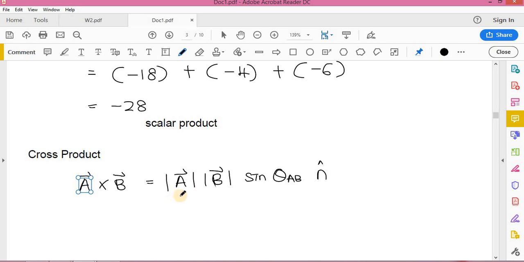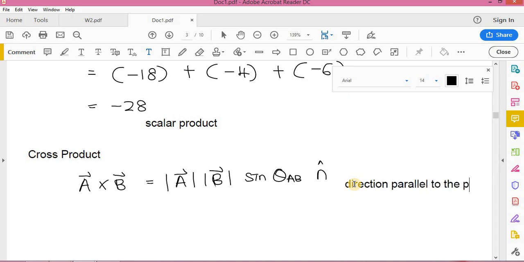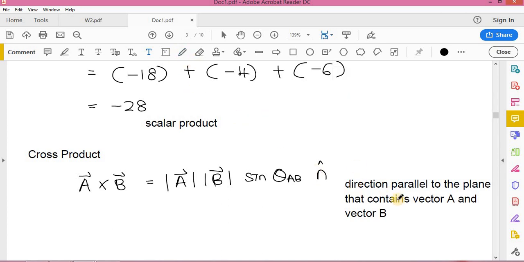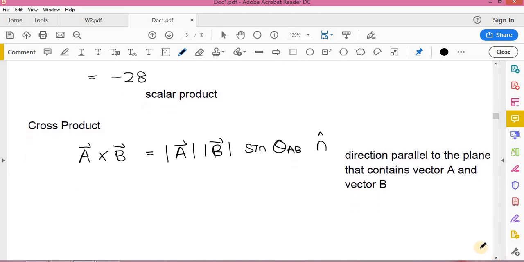You have no problem with the definition of all these things, the angle, but what is this? This is actually a direction, a direction parallel to the plane that contains vector A and vector B. Later I will explain what the meaning of this is by giving you a simple example.